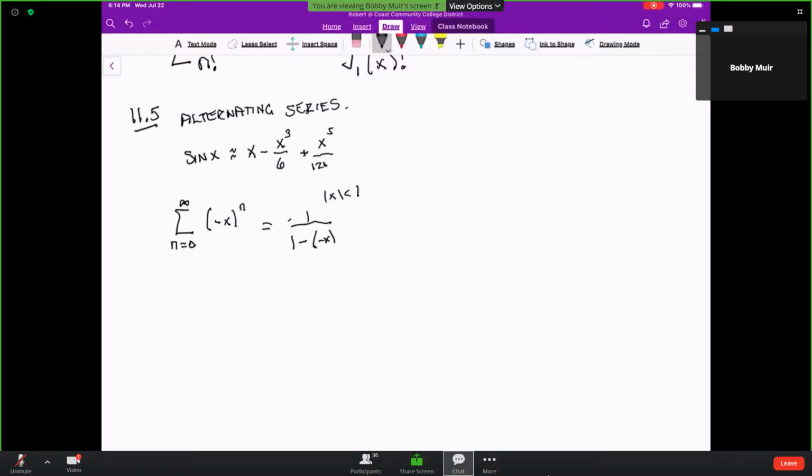Or to state it another way, 1 over 1 plus x is equal to 1 minus x plus x squared minus x cubed plus x to the fourth minus plus. And if we use our rules for exponents, we get this series that alternates back and forth between positive and negative.